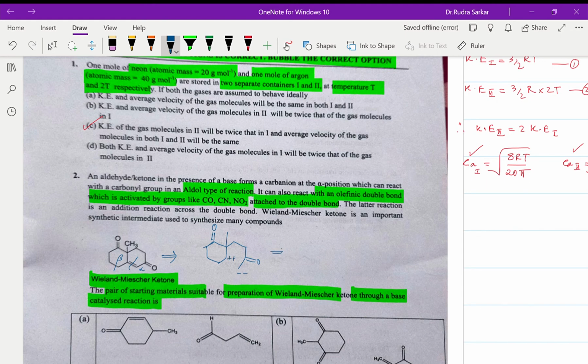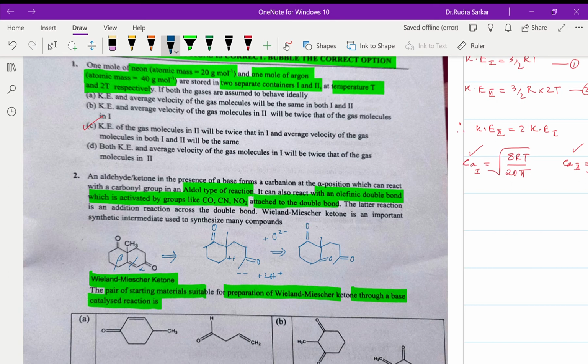Where it is plus plus, you join O2 minus, that means this one, and where you have minus minus, you join there 2 H plus protons. Okay, and so that will give you the following material.